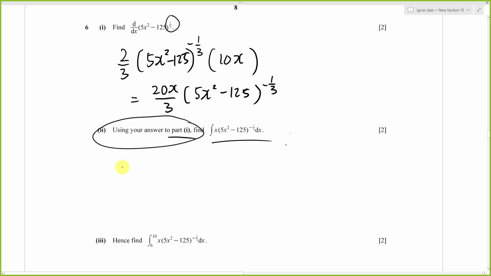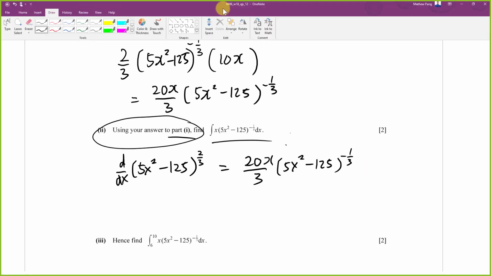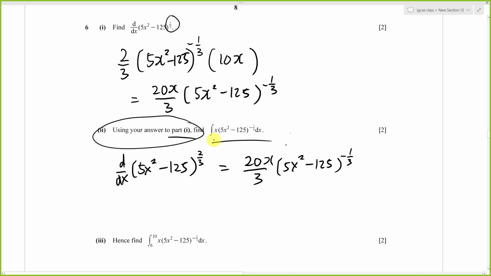Okay, so I will copy my question, and then I will copy my answer: 20x over 3, 5x squared minus 125, to the power of negative 1 over 3, dx. Okay, so now I need to find my question here. The question is to integrate this thing, and I see this thing is exactly the same as here.